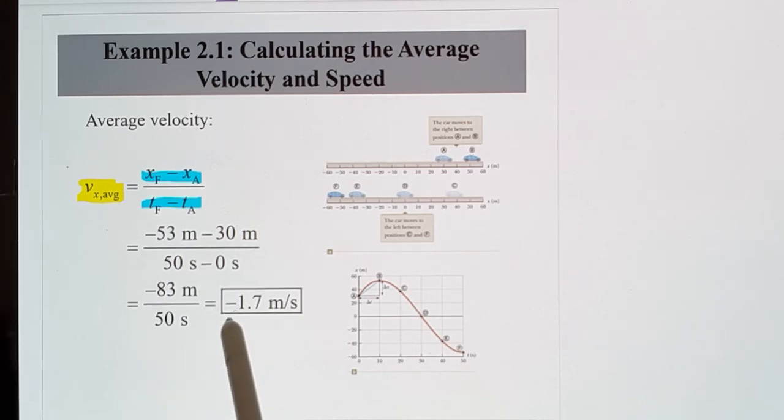It's minus 1.7 meter per second. It's a vector, so the magnitude of the velocity is 1.7 meter per second, and the direction of the velocity is from right to left. Clear?